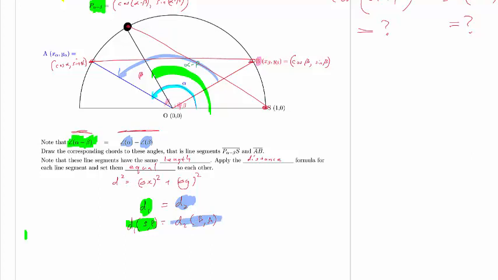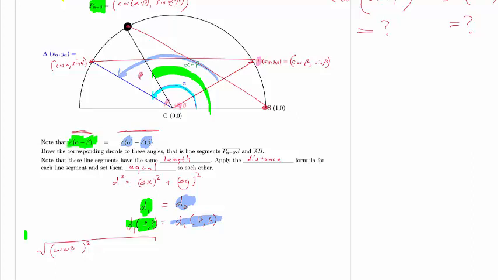All right, so now let's go ahead and write in the formula. We've got our delta x terms here, so we look at the x coordinate for P first, and that's going to be cosine of alpha minus beta.